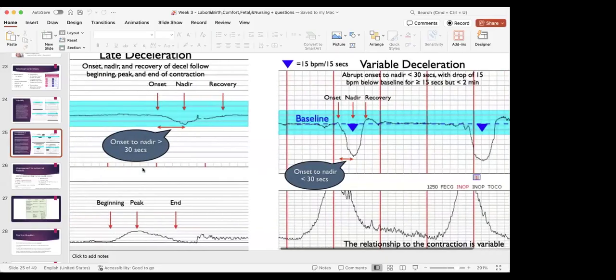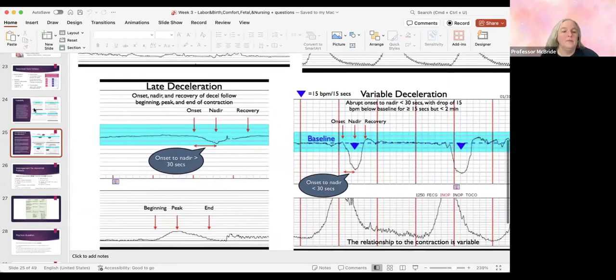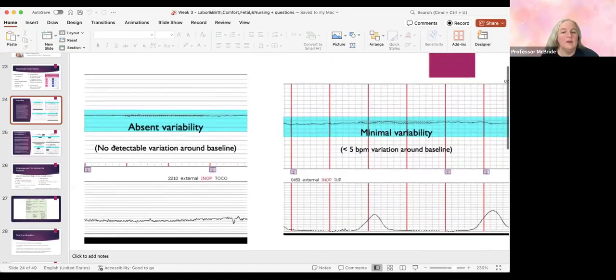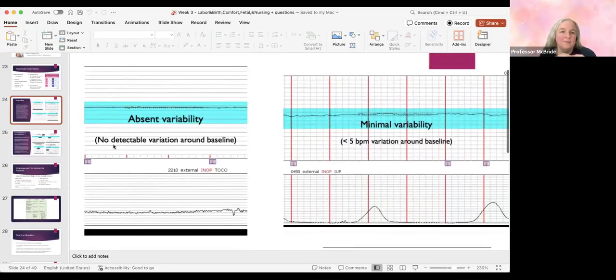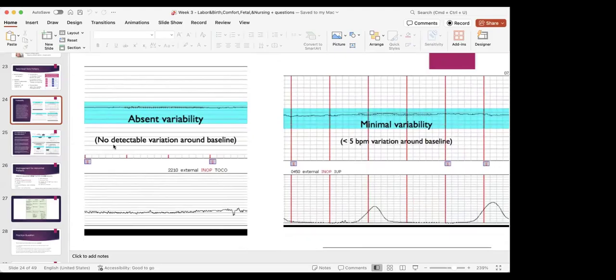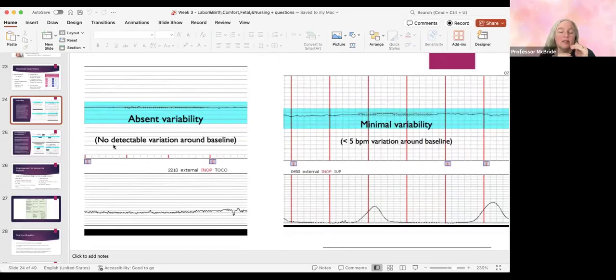Okay, so this is a way to look at variability. So variability has to do with variations around the baseline. So we said the normal baseline is 110 to 160, right? So if we have variations that go up and down, that actually is a normal thing that's happening for the baby.